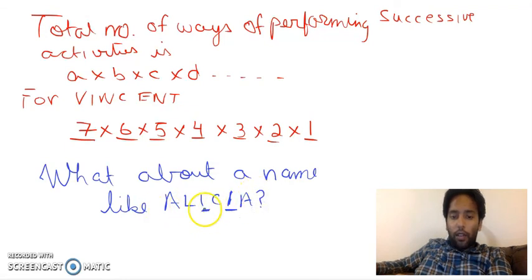Because these 2 I's are going to make things a little complicated, and when you're arranging it, 2 of the names would be the same. There'll be a lot of words which would be repeated because of these 2 I's. If you check the names that we used, there was not one letter that was repeated. However, in this, I is repeated. What are you going to do?